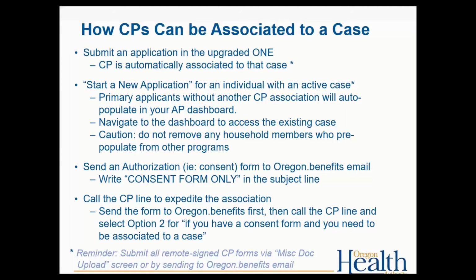They cannot use the applicant portal to apply and you can't use the applicant portal to help them with their case until you work with the processing center to get associated to them, and then you can search for them and pull up their case from your applicant portal dashboard. You no longer get that hard stop as long as you're working with the primary applicant, they're not already associated to a different community partner, and they're not in conversion.